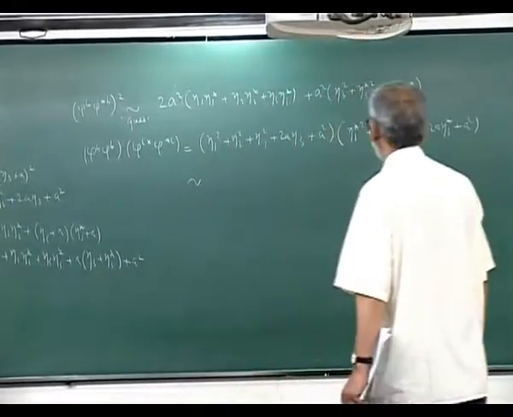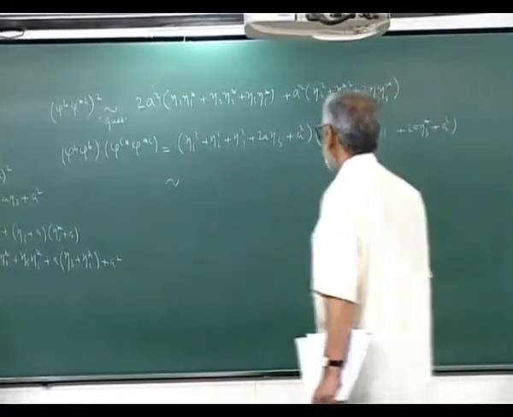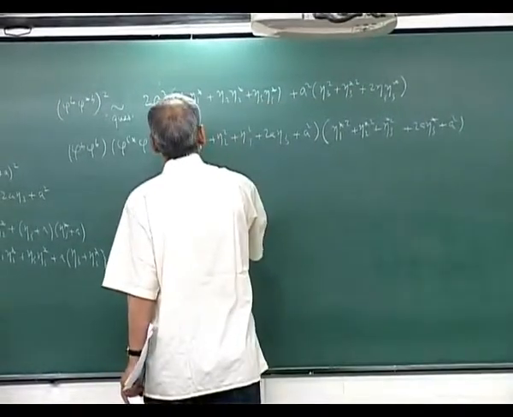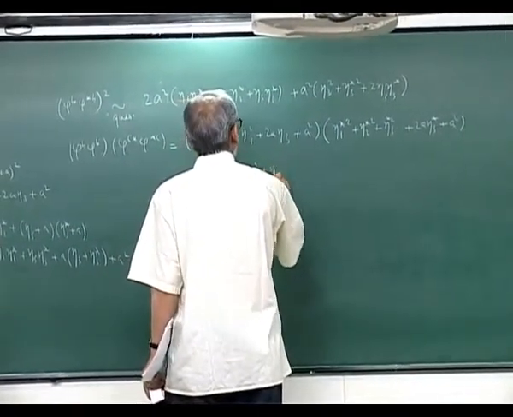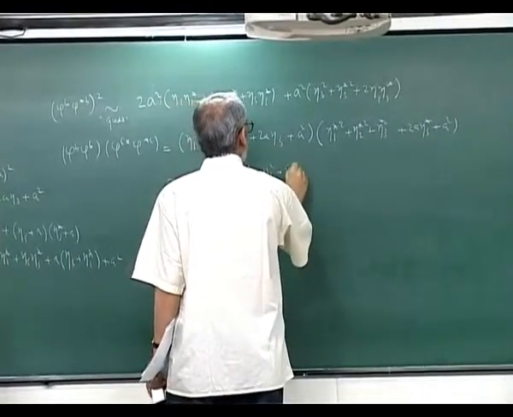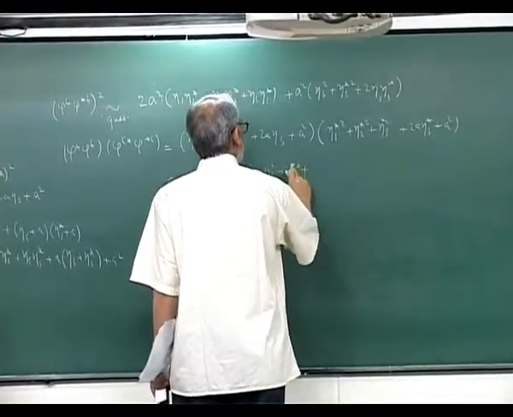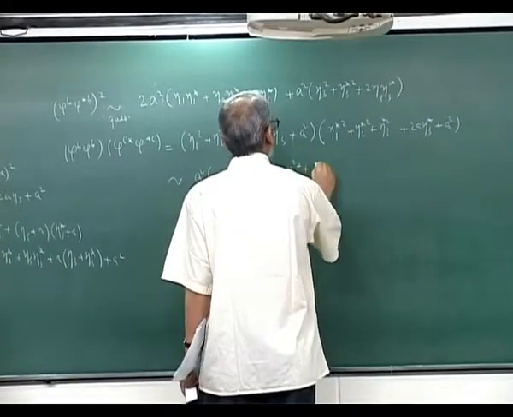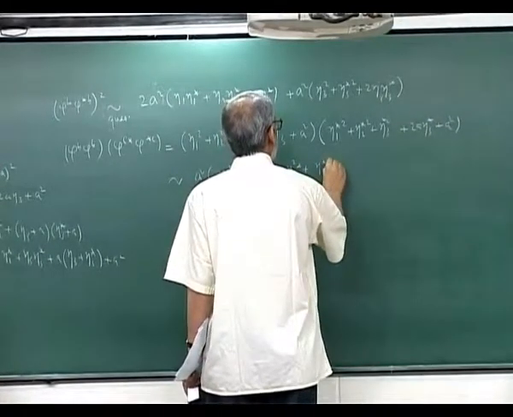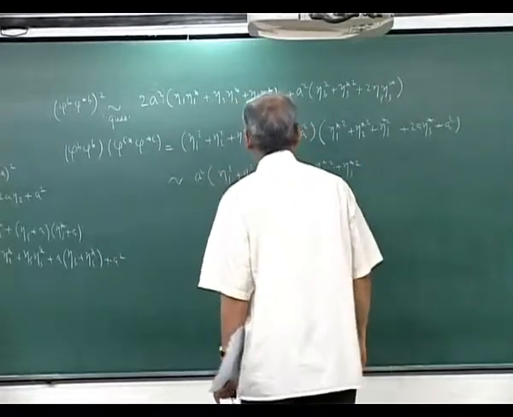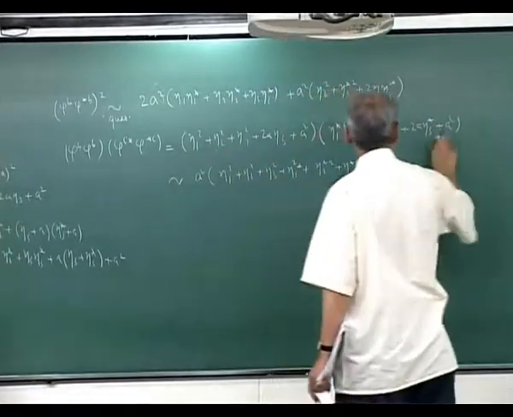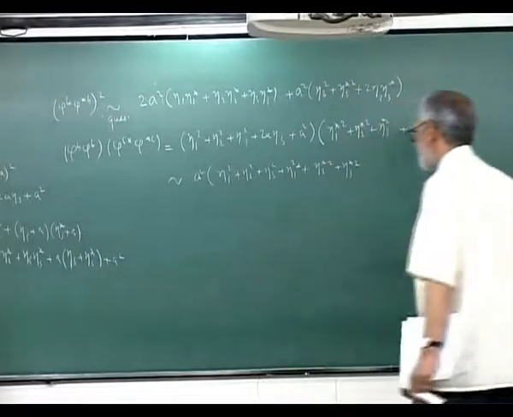Now here, quadratic terms are A square, eta 1 square, eta 2 square, eta 3 square, eta 1 star square, eta 2 star square, eta 3 star square, right? This times this and this times this.